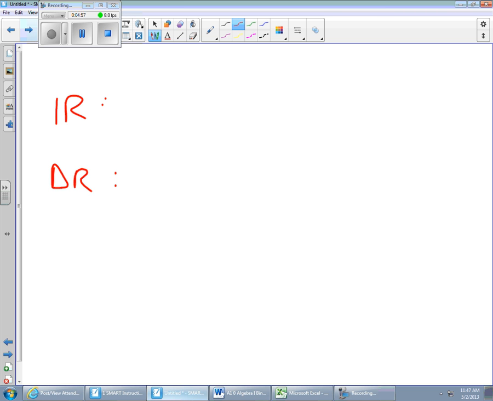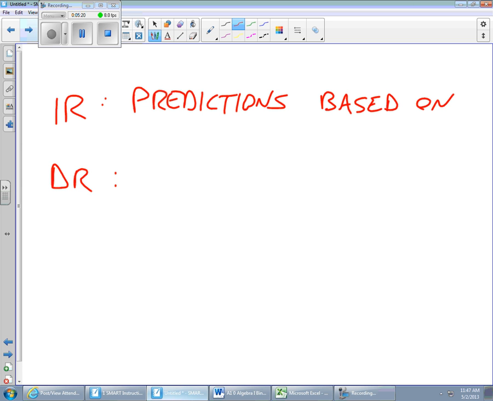Okay. Inductive reasoning is basically predictions or statements that are based upon observable patterns. Observable patterns. So these are predictions or statements, if you'd rather write that, that are based on observable patterns.